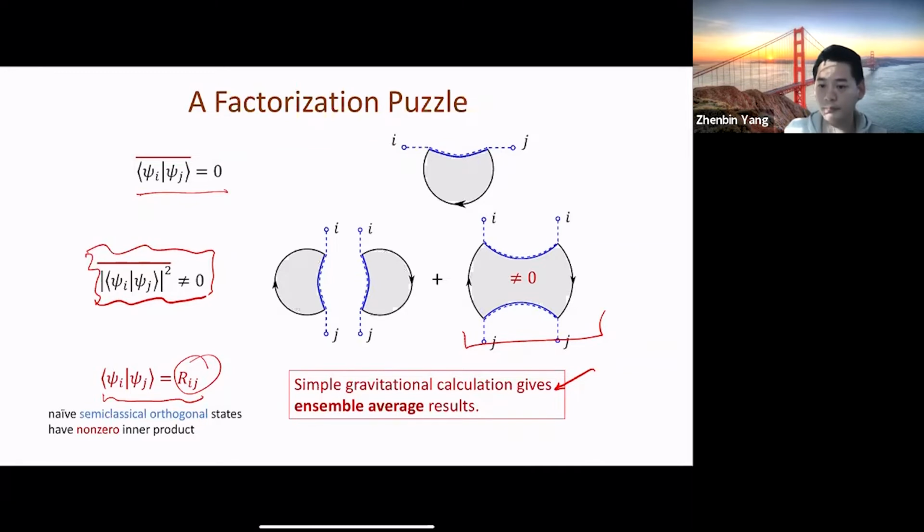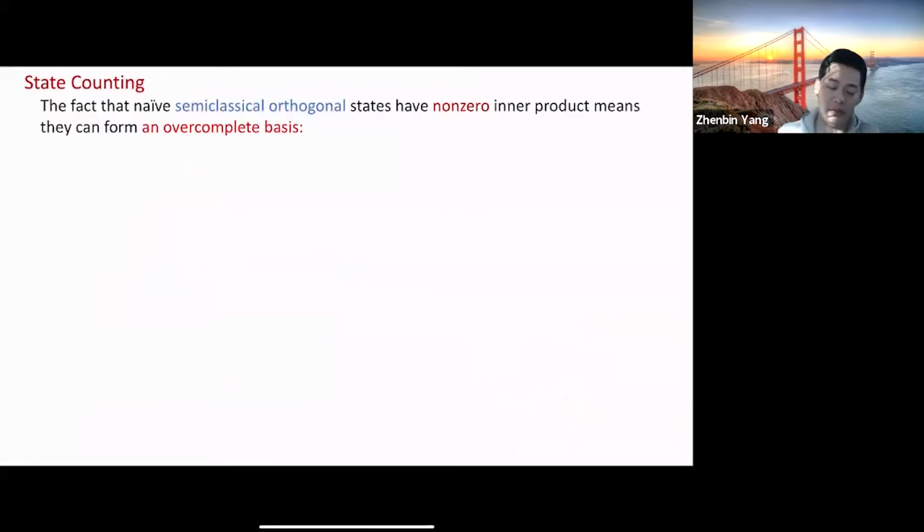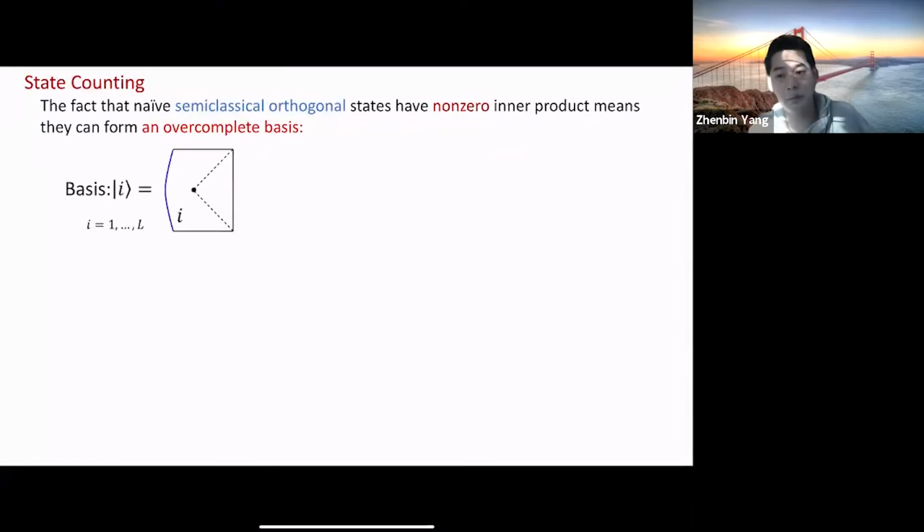So the fact that these naive semi-classical orthogonal states have non-zero inner product means they can form an overcomplete basis, and then we may construct some question that is self-averaged, so we can use the gravitational path integral rule to investigate the answer.